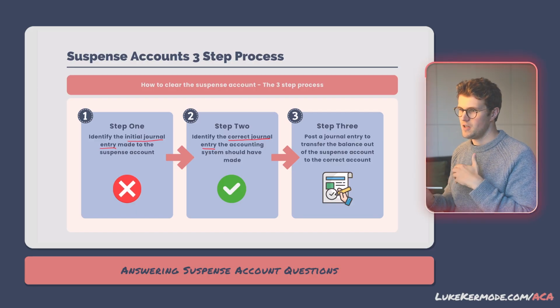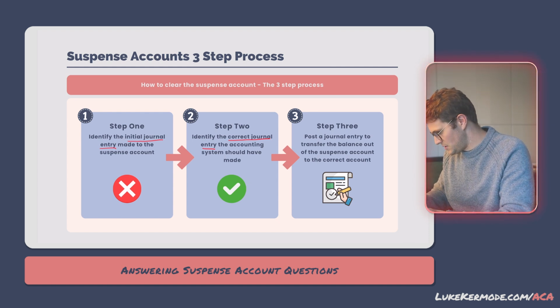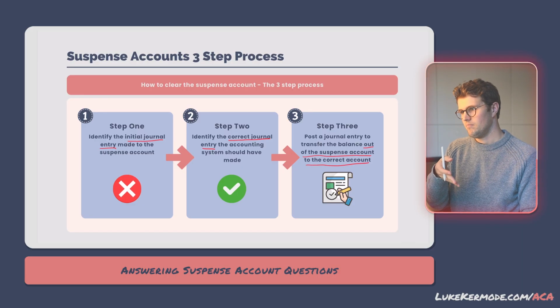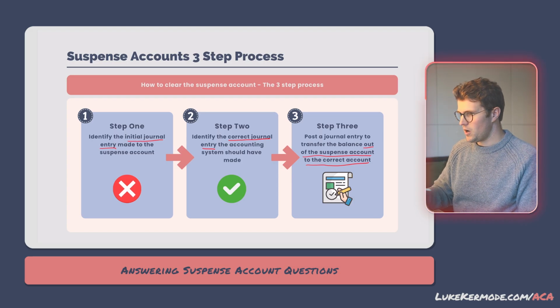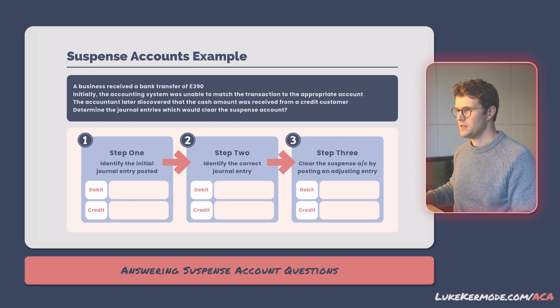This transfers the balance out of the suspense account and into the correct ledger account, reducing the suspense account balance down to zero. So this method allows us to keep our accounts accurate and removes balances from the suspense account promptly. So let's see how this process works in practice by looking at a worked example.